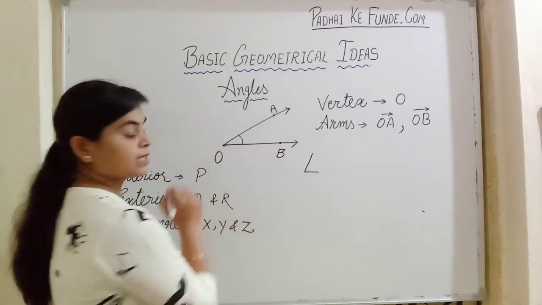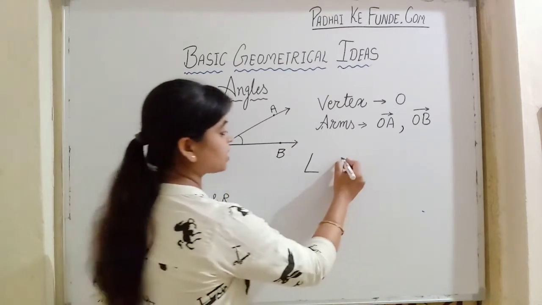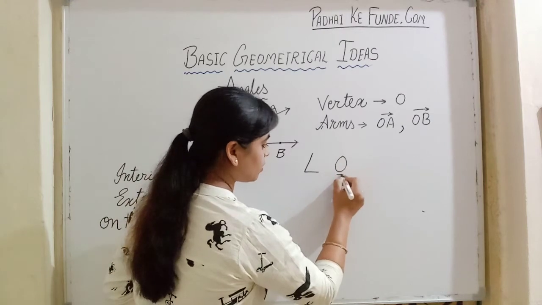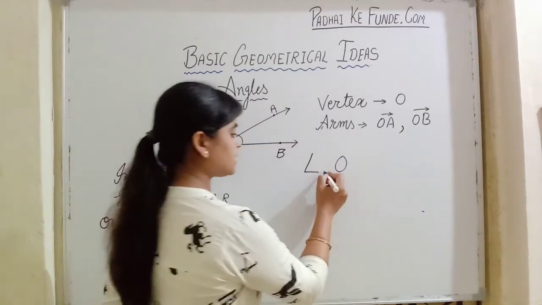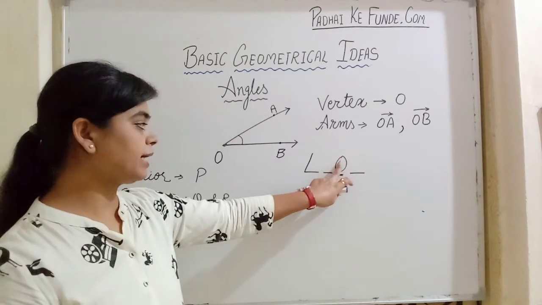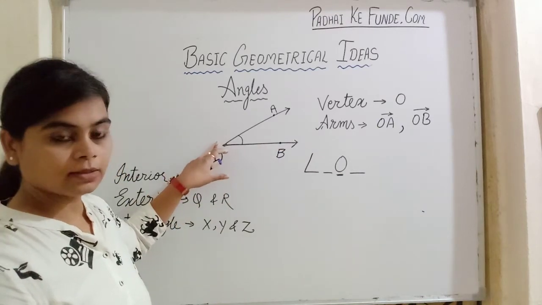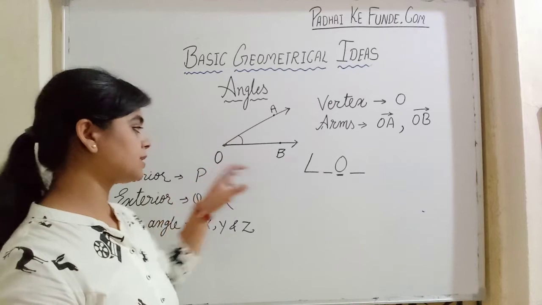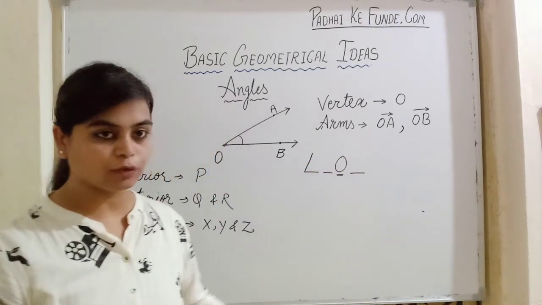This is the vertex here, at point O. The vertex position in the angle name will be the middle one, at the center. We have to write 3 letters to write this angle name. The center position will be the vertex, that is O here. On the other two sides, it doesn't matter which we take first.